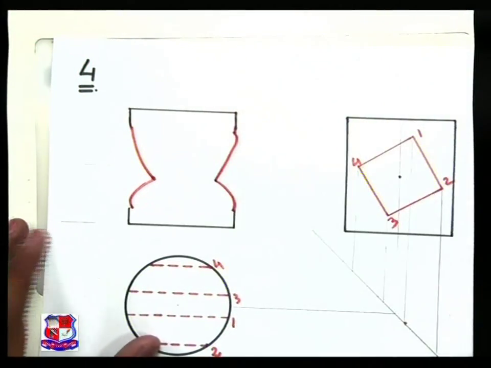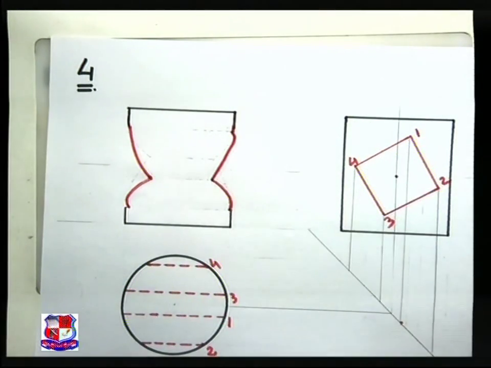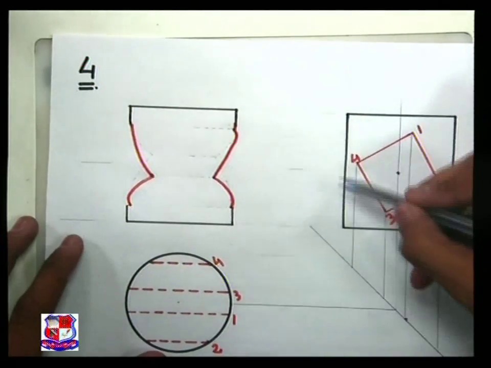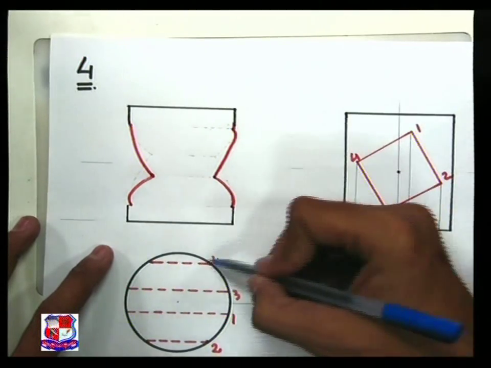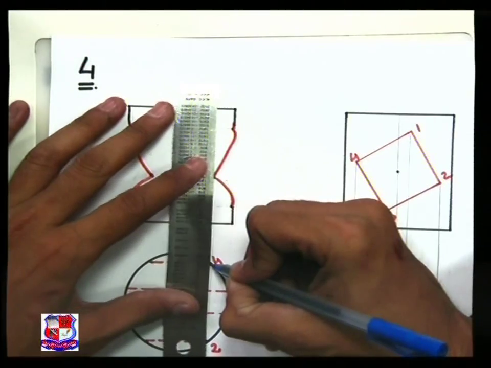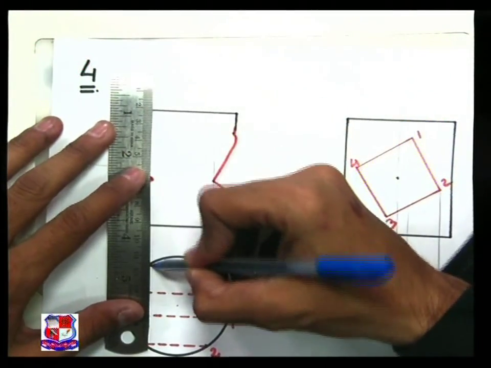Now what about the back side, that is points number 4, 1 and 3 on the reverse side? To find the position of those points, let me pick up point number 4 here. From 4, draw a straight vertical line and a horizontal line; it will cut the circle at this point. From this point draw a straight vertical line, and from this point also draw a straight vertical line.